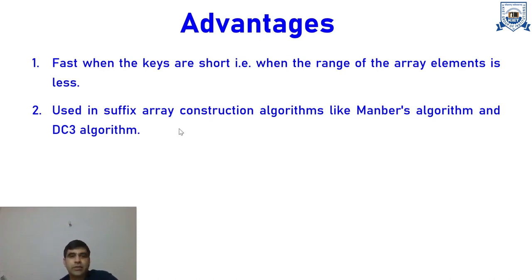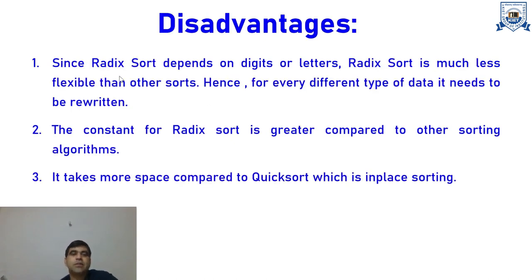It is used in suffix array construction algorithms like Manber's algorithm and the DC3 algorithm. The disadvantage is that since radix sort depends on the digits or the number of letters, it is much less flexible than other sorts. For every different type of data, it needs to be rewritten. The constant for radix sort is greater as compared to the others. It takes more space compared to quicksort because space is required for the buckets also.